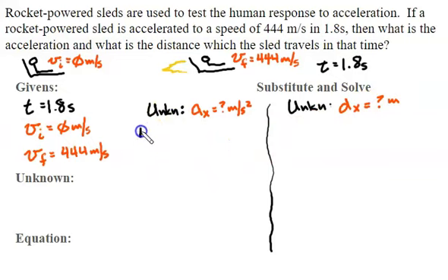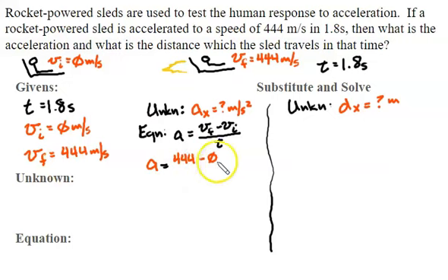So for this one, the equation I'm going to use is the acceleration equation. Acceleration equals velocity final minus velocity initial, all that over time. If I solve the numbers, my acceleration I don't know, but I do know velocity final is 444 minus 0, all of that divided by 1.8.